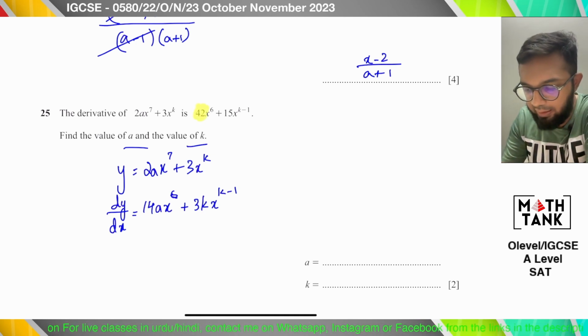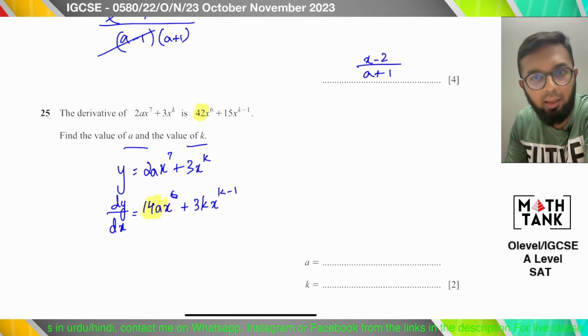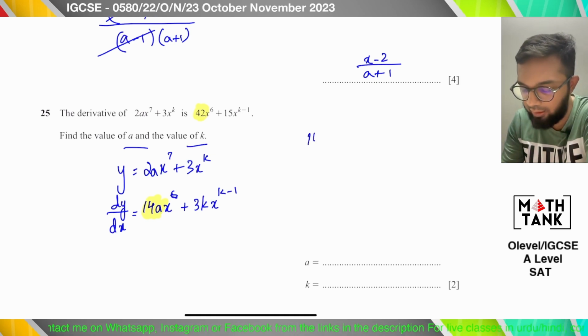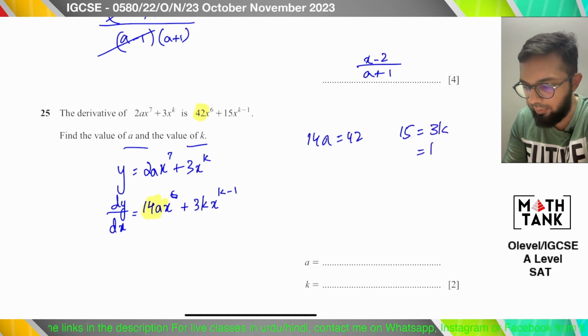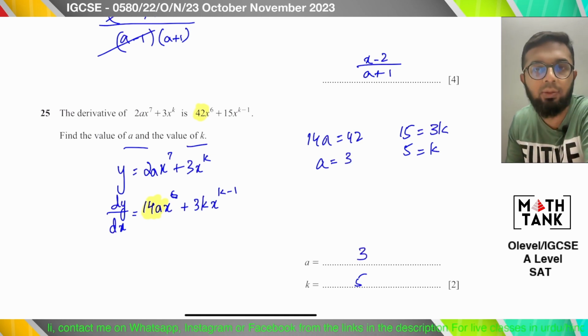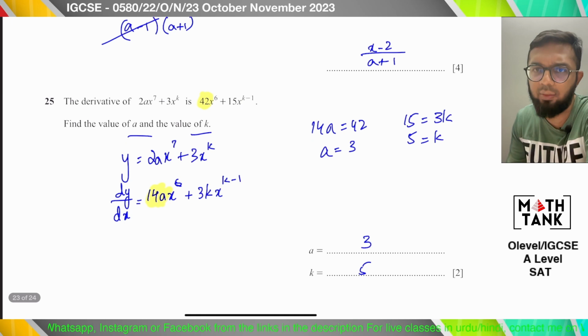So when I compare this to my powers and my terms, I see that 14a should equal 42 and 15 should equal 3k. So k in that case is 5. That's simple. A is therefore 3. So it's just my differentiation compared with the differentiation in the question.